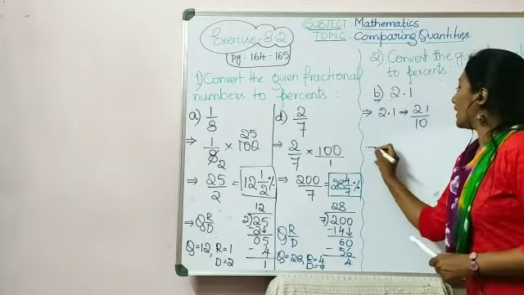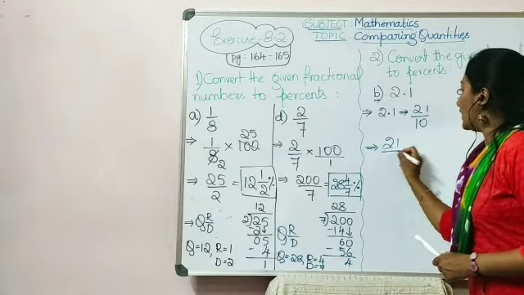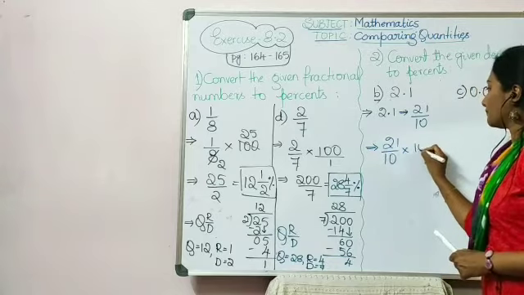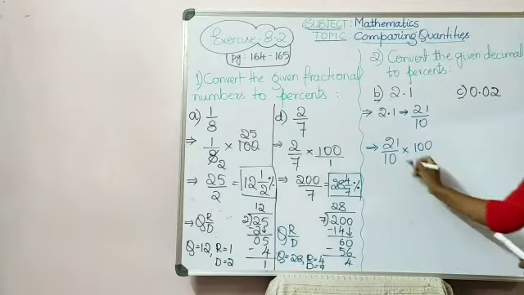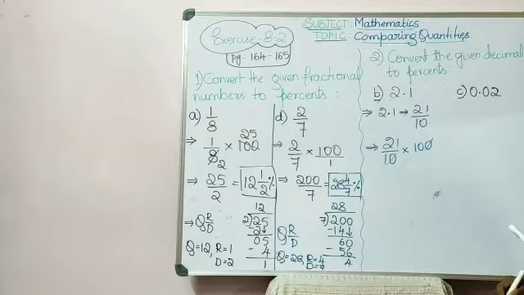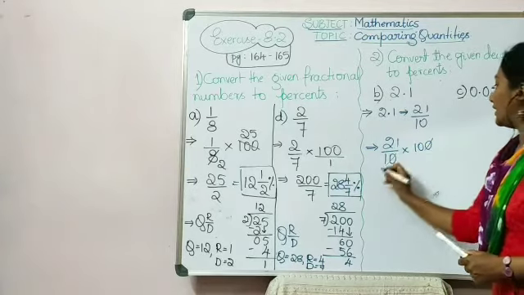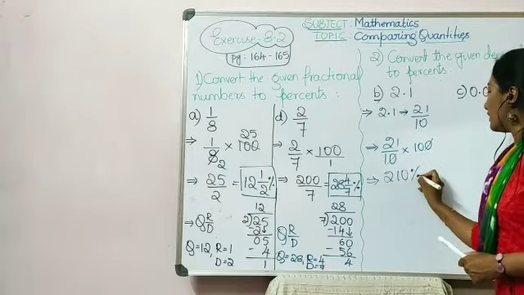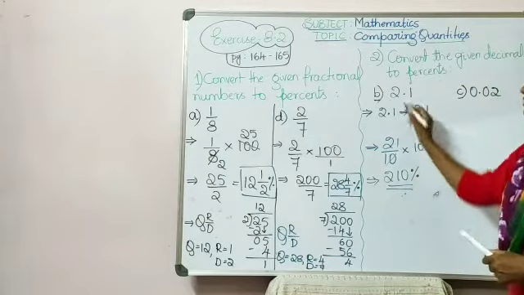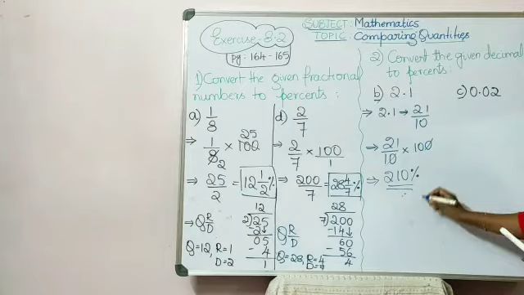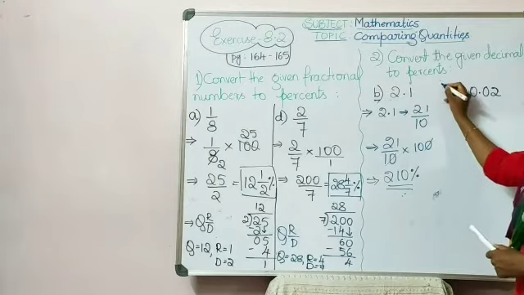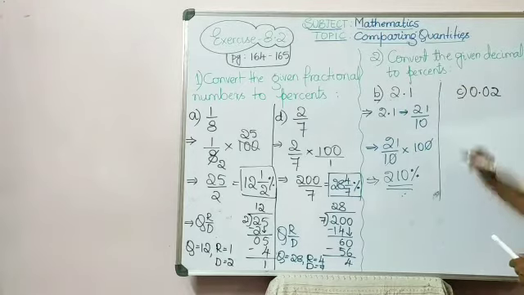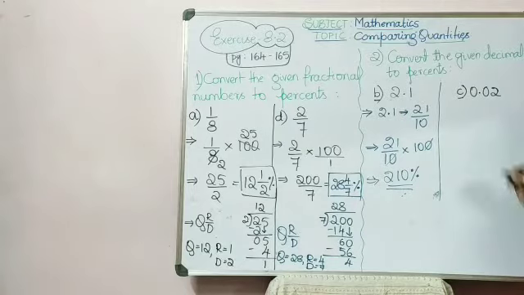Now we multiply 21 by 10 by 100. Here 10 and 10 get cancelled. What remains is 21 into 10. That gives me 210%. So the percentage for 2.1 is 210%. And the next one, that is C1, what they have given is 0.02.